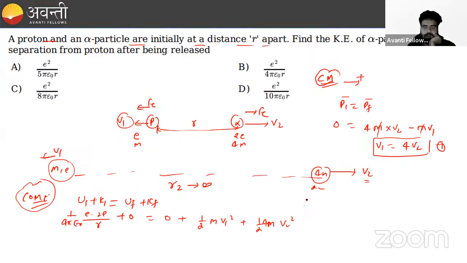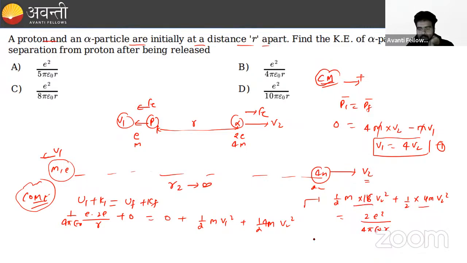If we solve this equation, in place of v1 we put the value 4v2, and this becomes 16 v2 square. Again, half 4m v2 square. This equals 2e square upon 4 pi epsilon naught r.